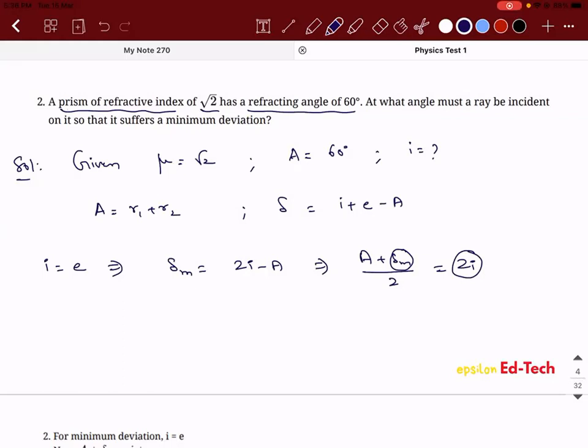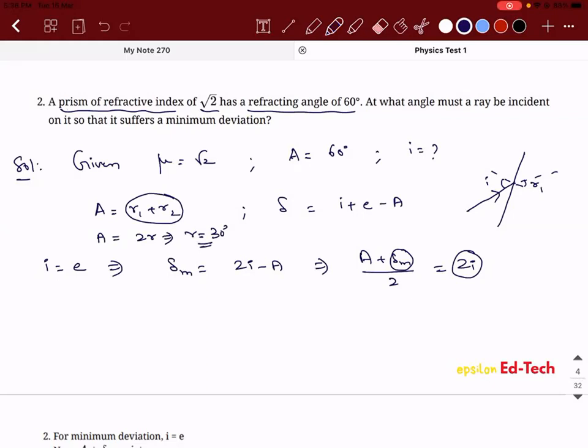For that, I'll apply Snell's law at the boundary. If I take the angle of incidence as I, then I will call the angle of refraction R1. We know that during minimum deviation condition, R1 is equal to R2 is equal to R. So A will be equal to 2R, which implies R is equal to 30 degrees.